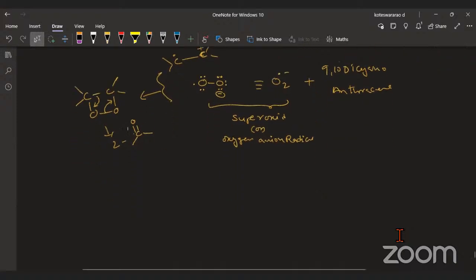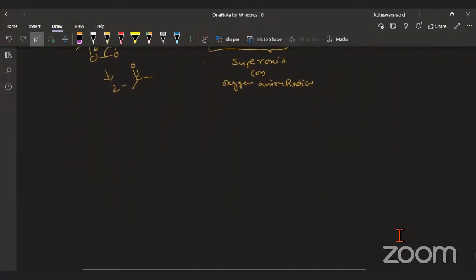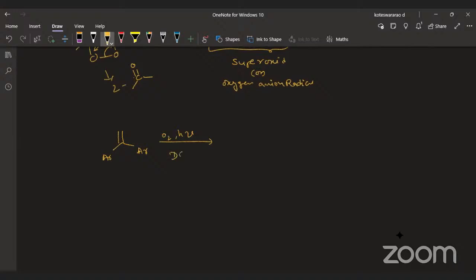Okay, take one example, an aryl derivative, which is treated with oxygen in the presence of light and DCA, dicyanoanthracene. This is the product.